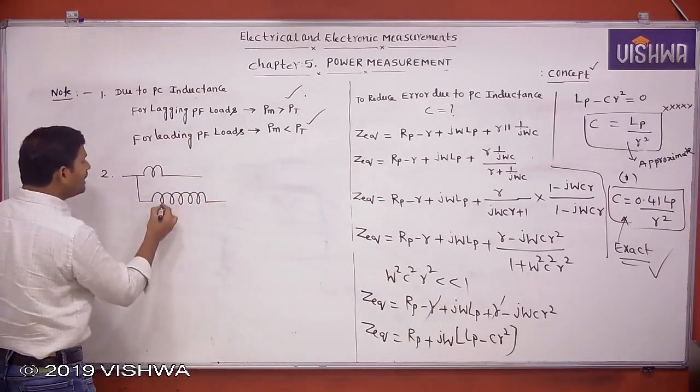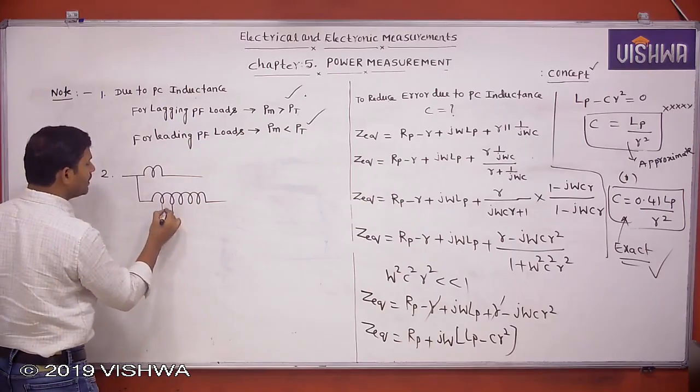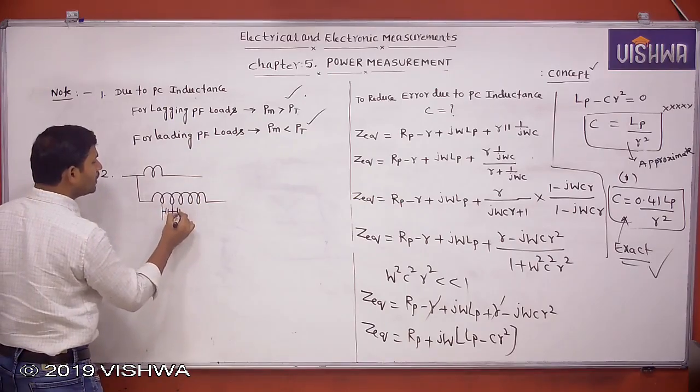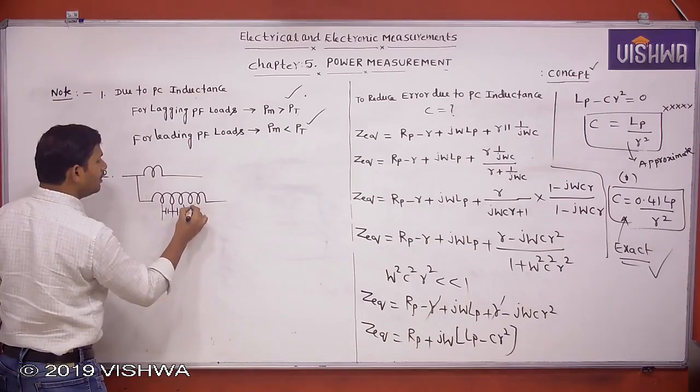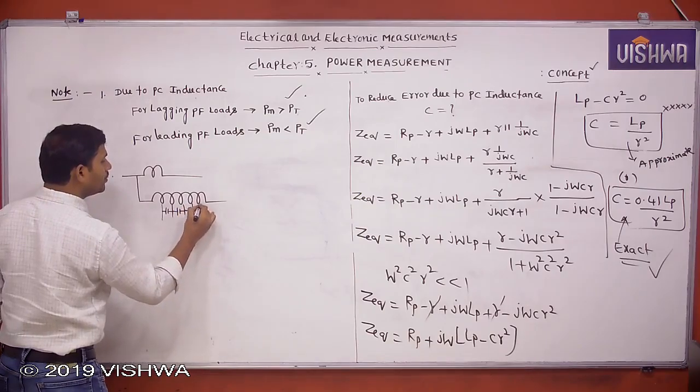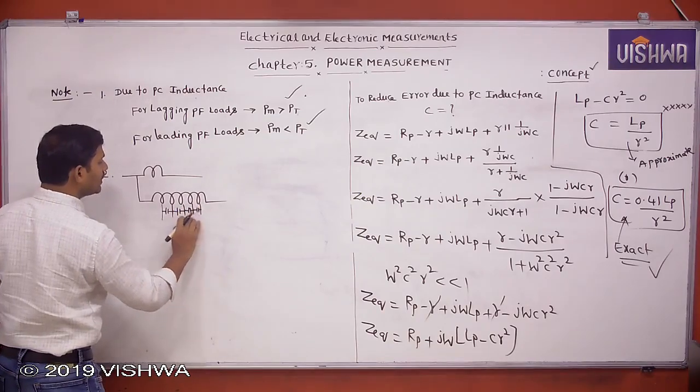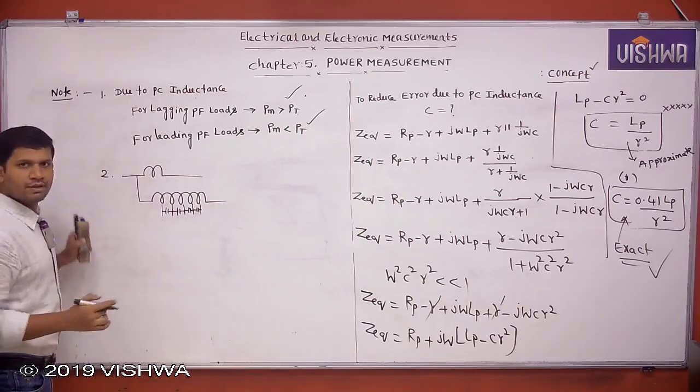The pressure coil itself will offer some capacitance. That is called turn to turn capacitance, or distribution capacitance of the coil.